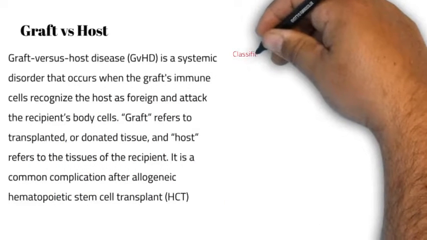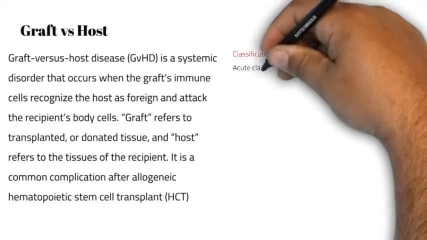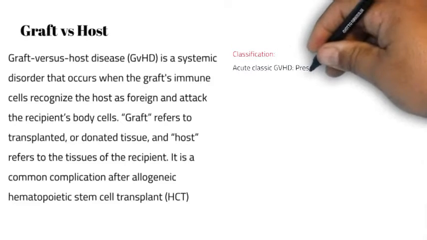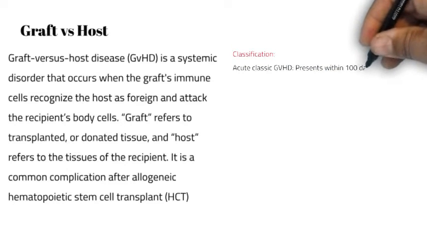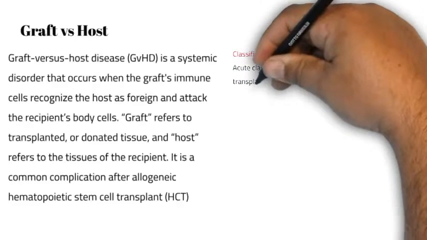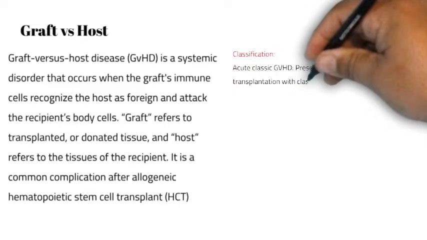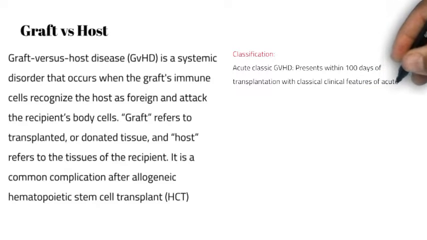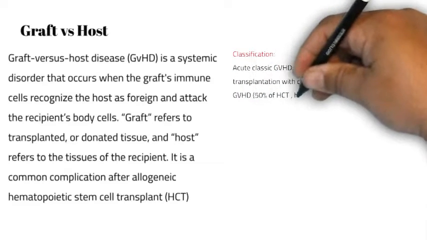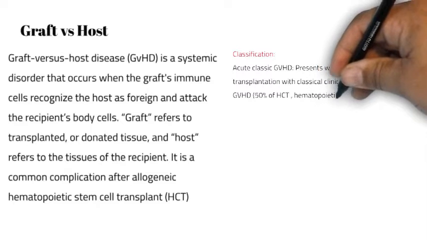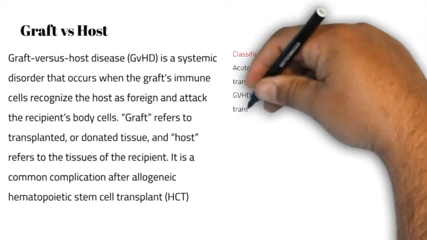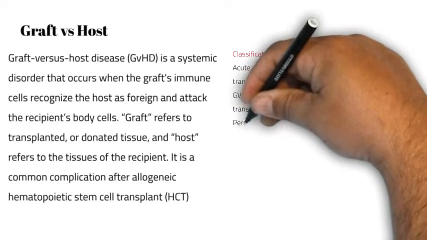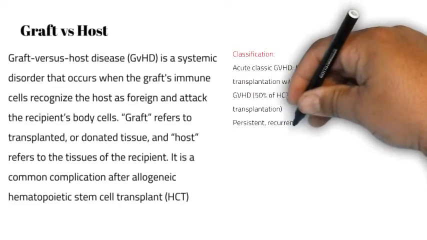The classification includes: acute classic GVHD, which presents within 100 days of transplantation with classical clinical features of acute GVHD. Persistent, recurrent, or late-onset acute GVHD, which manifests with clinical features of classic acute GVHD but after 100 days of transplantation.